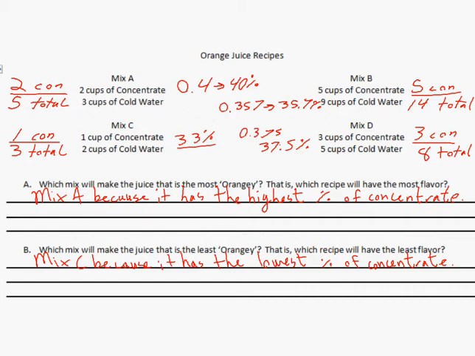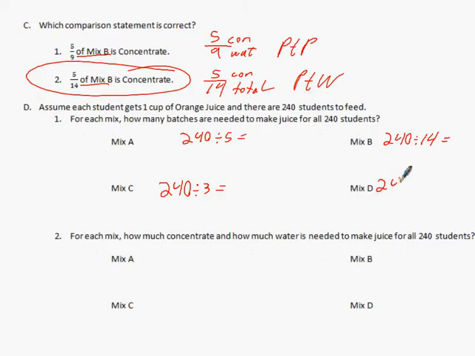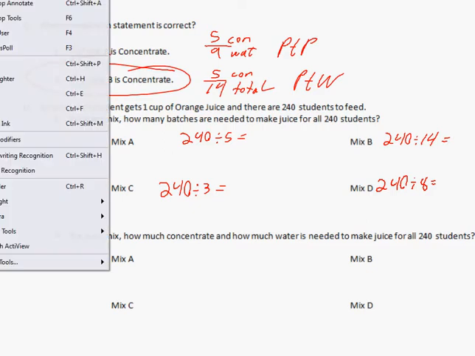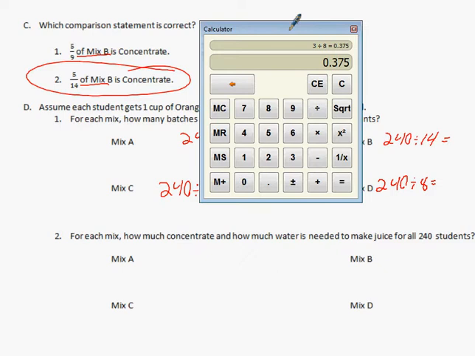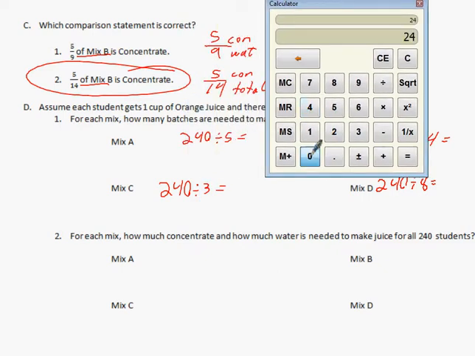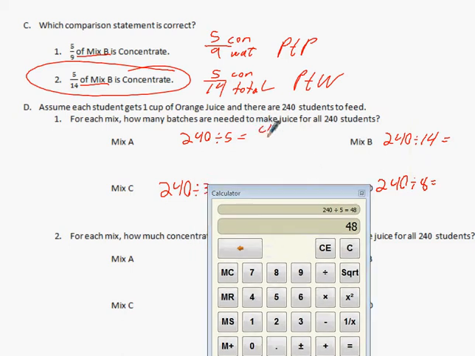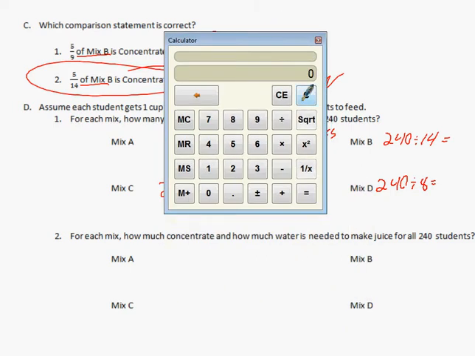And 240 divided by 8. So let's do these divisions real quick. 240 divided by 5 is 48. 48 batches. Now, a batch is just every time you do the recipe, you make a batch. It's like a batch of cookies.